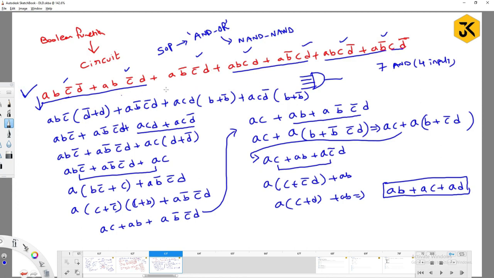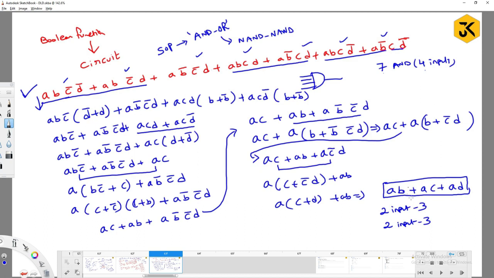Basically, if you would like to implement the original expression, you require 7 4-input AND gates and some more OR gates also, right? But if you take this expression, how many AND gates are required? 2-input AND gates are 3, and 2-input OR gates, I think 3. Am I right?